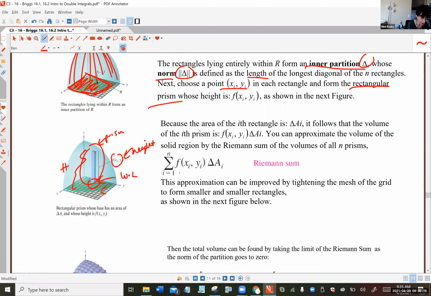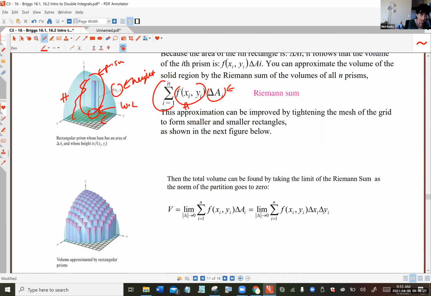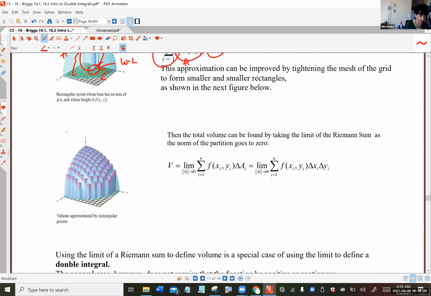Your width times your length, they're just calling delta A sub i, the area of the base. Okay, that's it. And they form the Riemann sum because you're going to have n of these little prisms. That looks like it's going to be a pretty good approximation of the actual volume of the solid, give or take.